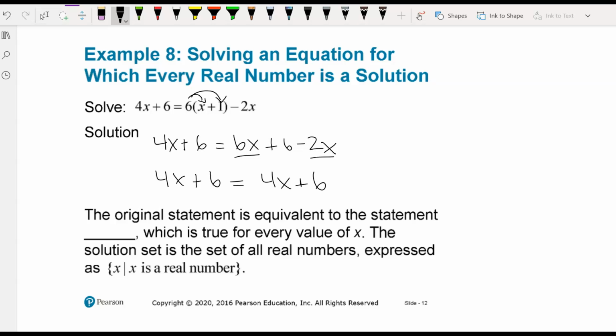Notice how they're the same on both sides. It'd be 0 equals 0. So the original statement is equivalent to the statement 0 equals 0, which is true for every value of x. The solution set is the set of all real numbers, expressed as x such that x is a real number.